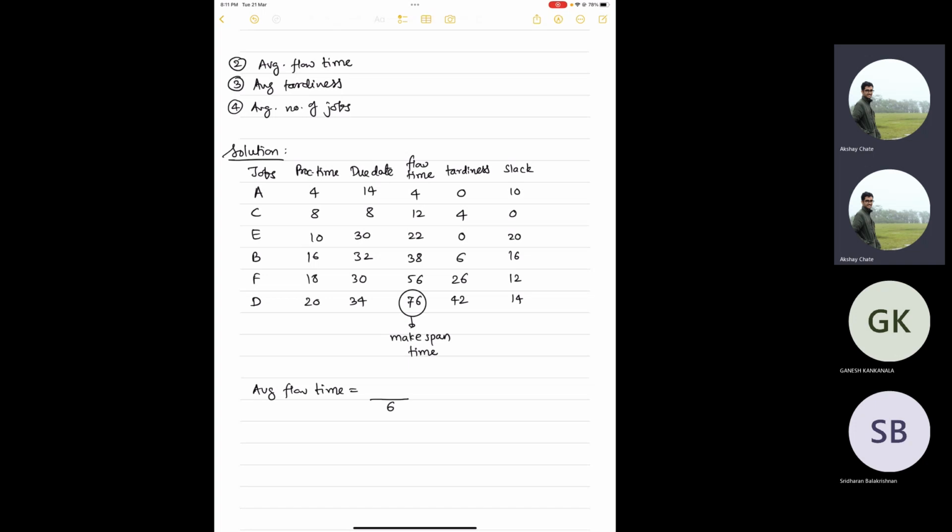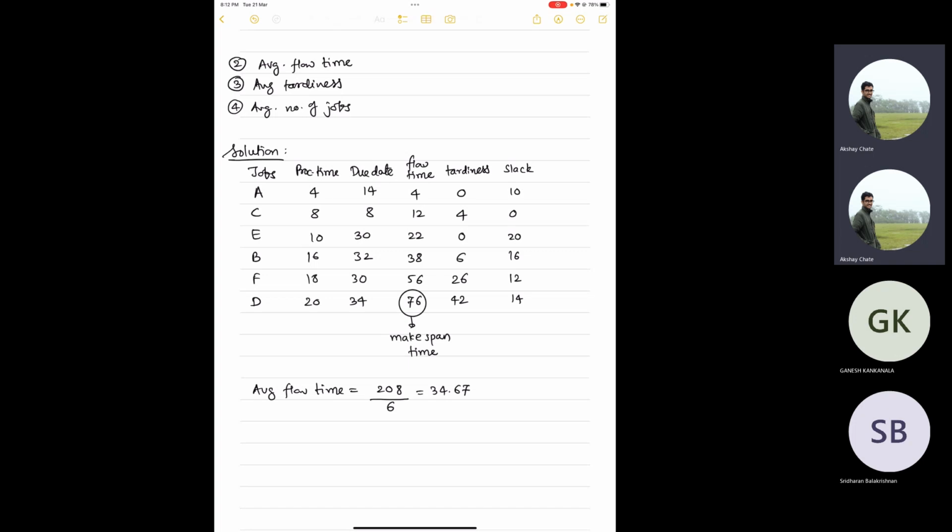Let me use the calculator: 4 plus 12 is 16, plus 22, plus 38, plus 56, plus 76. So this is 208 divided by 6. This gives you 34.67. I am not putting a unit here. If the processing time and due date are in days, the average flow time will be in days. That I am leaving up to you.